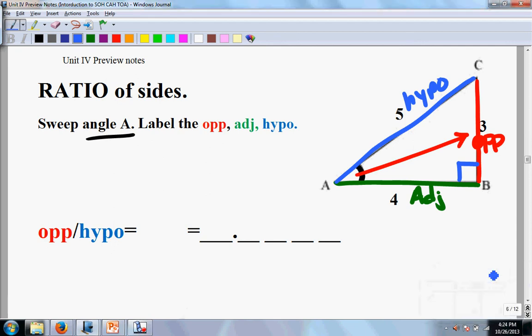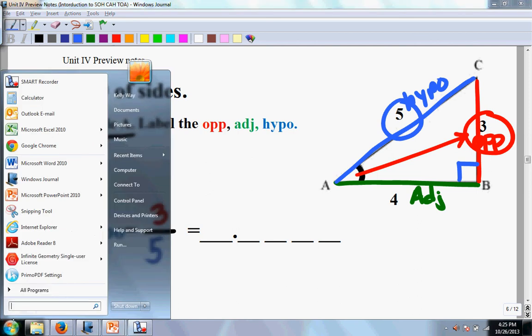Okay, so now let's start making some ratios. There's 3 basic ratios you need to be comfortable with in working here. One is taking the ratio of the opposite side over the hypotenuse. So in this case, the opposite side would be 3, and the hypo would be 5. So then we do the ratio, 3 divided by 5.